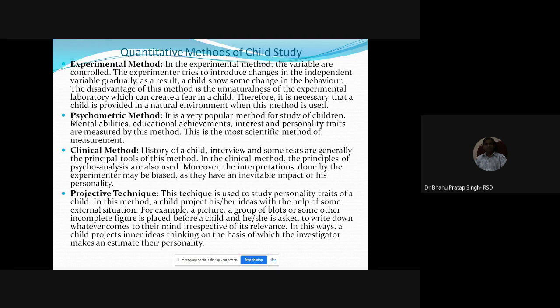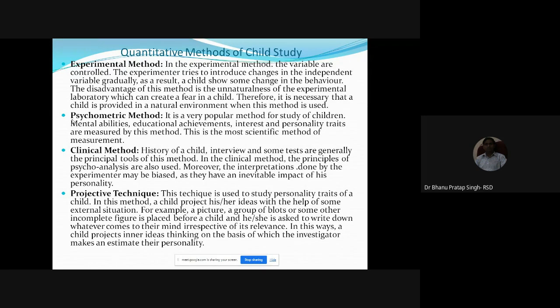And one more, the projective techniques, which are also used in the psycho labs. Some tests are there. One is the Rosa sign. Means the teacher takes various methods to know the child by using the projective techniques.